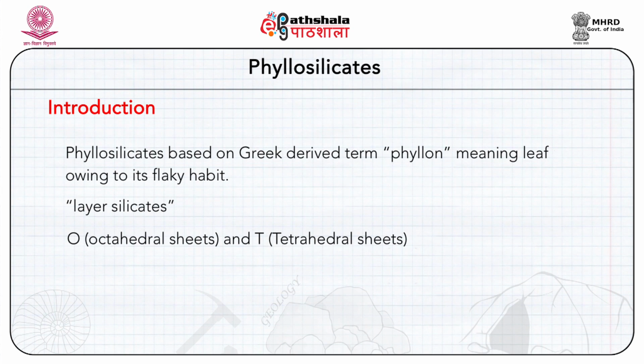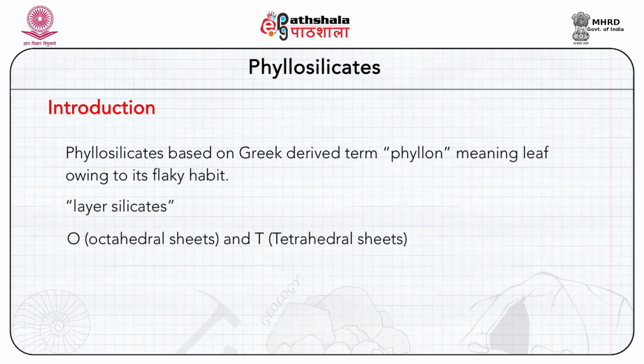Likewise, if the cations are trivalent only, 2 of the 3 octahedral sites are occupied due to charge balance requirement, resulting in dioctahedral sheets. The net charge on both dioctahedral and trioctahedral sheets is 0, the net cation charge being +6 in both the cases.